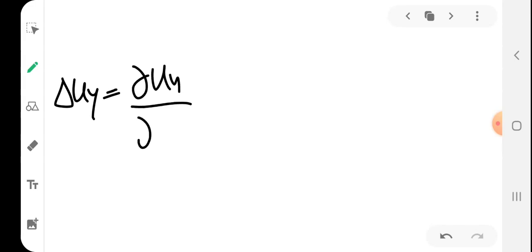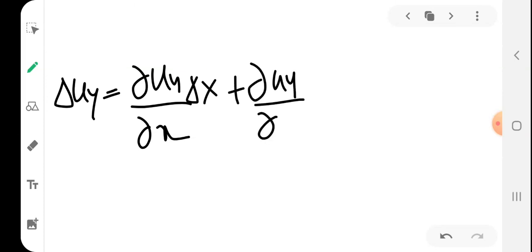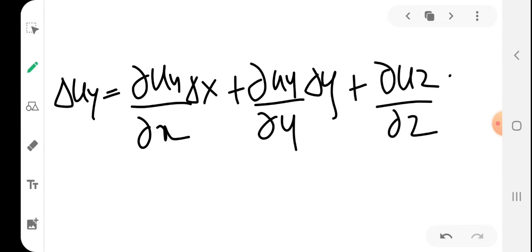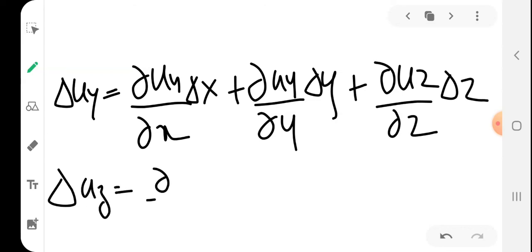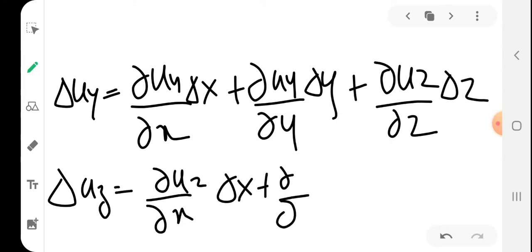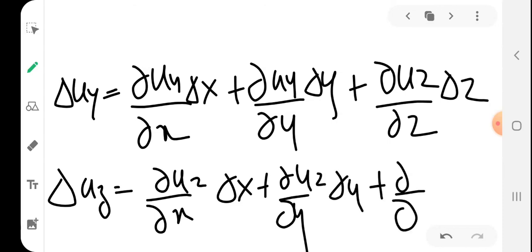Similarly, delta uy can be written as dou uy by dou x delta x plus dou uy by dou y delta y plus dou uy by dou z delta z. And delta uz can be written as dou uz by dou x delta x plus dou uz by dou y delta y plus dou uz by dou z delta z.